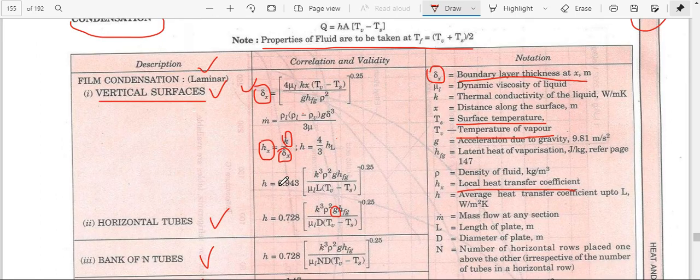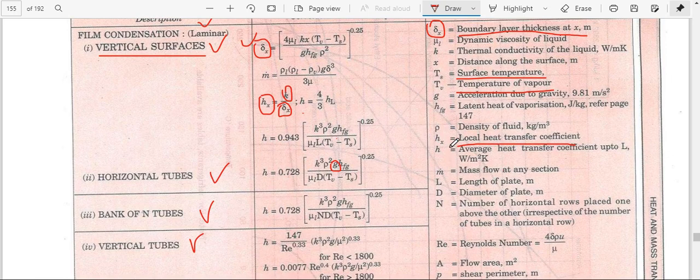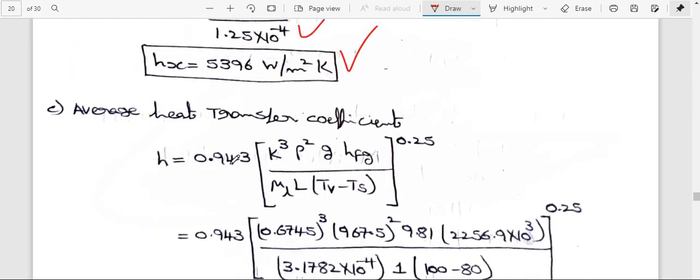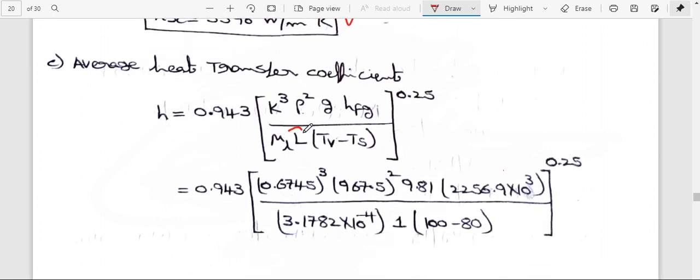Next question, the average heat transfer coefficient. So in this average heat transfer coefficient, what is H? So here H is equal to overall heat transfer coefficient. We have to take this formula from data book page number 148. 0.943 K cube rho square G into HFG over mu L into TV minus TS. So here L value is 1.